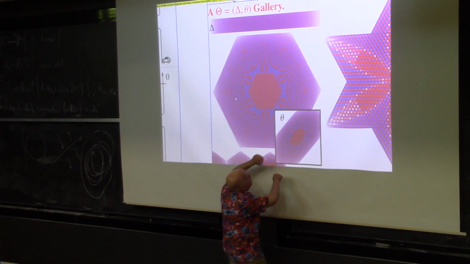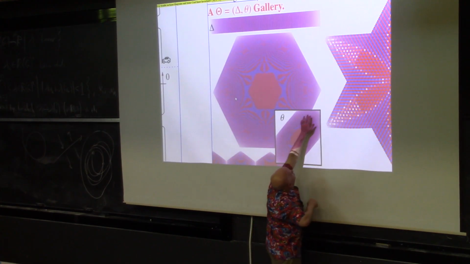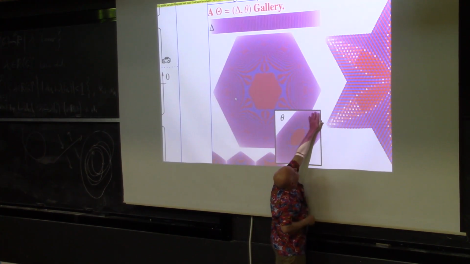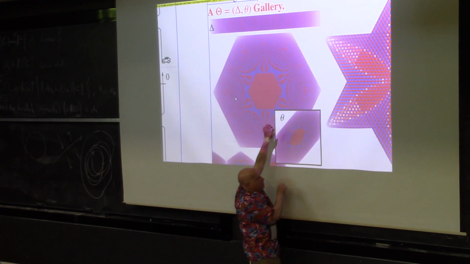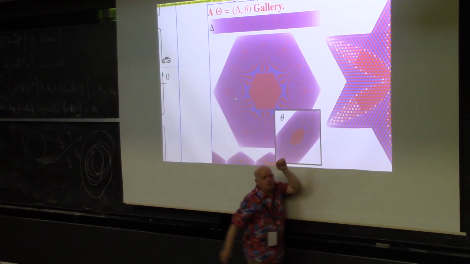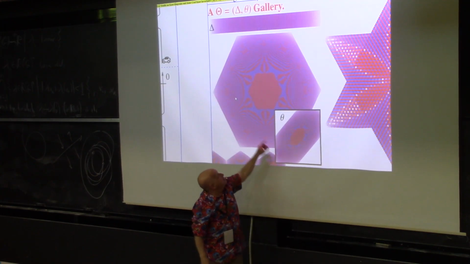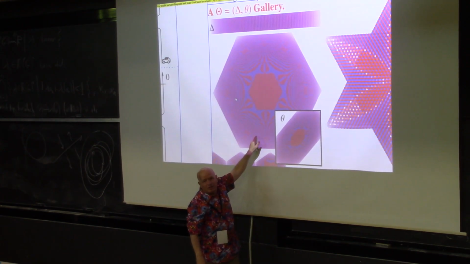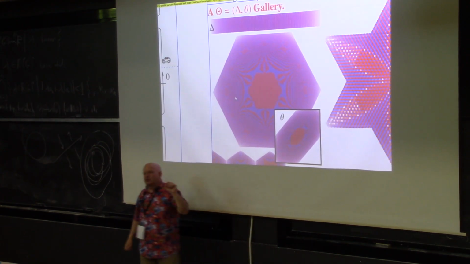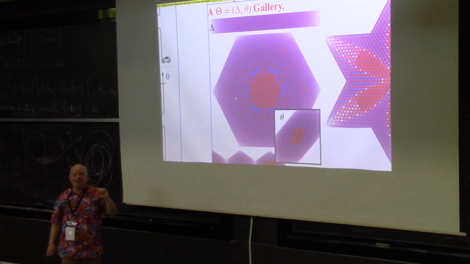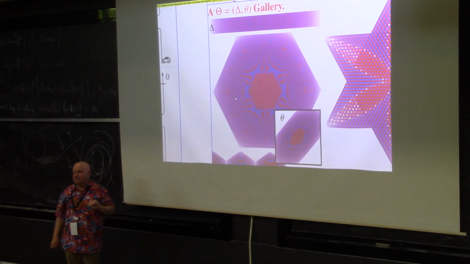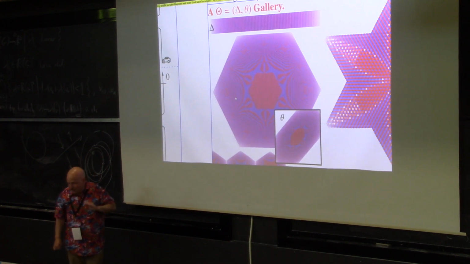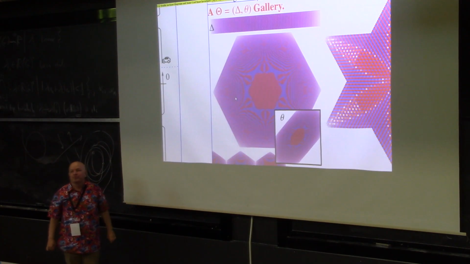Namely, if you shear this picture, so you take the top edge and slide it to the left, and you take the bottom edge and slide it to the right, then the picture becomes the picture here, which is a perfect hexagon. And by the way, I still don't know how to prove that you get perfect hexagonal symmetry. The formulas don't explain why, but you get it every time.